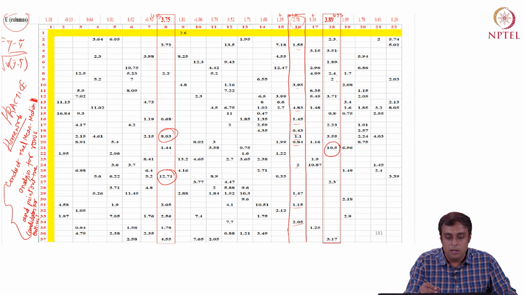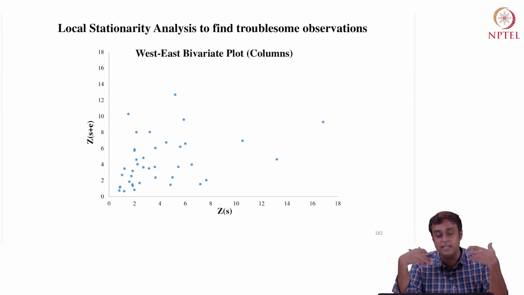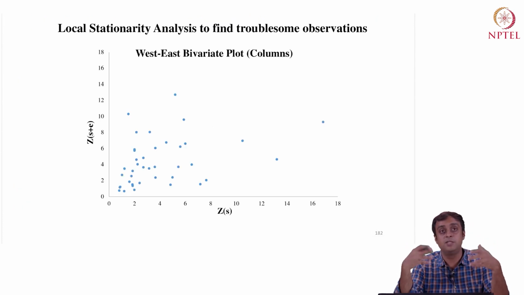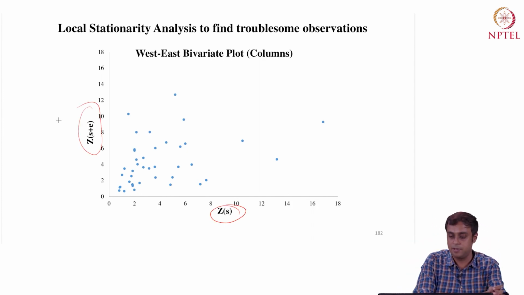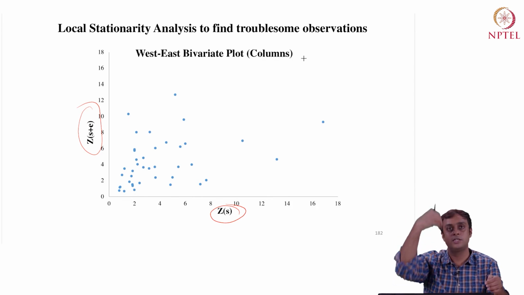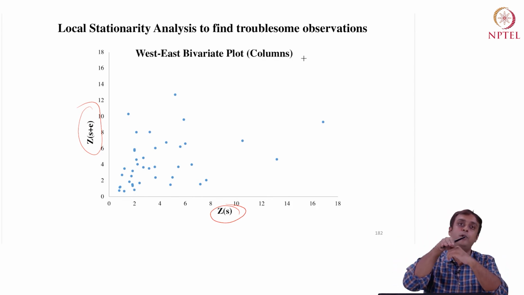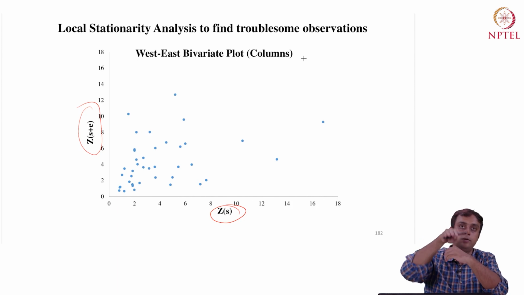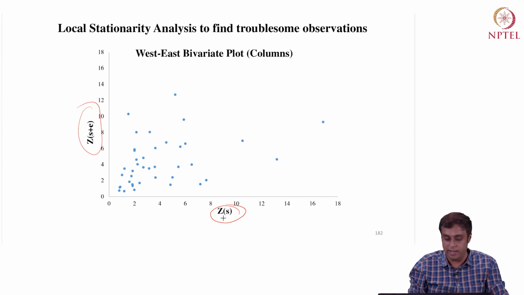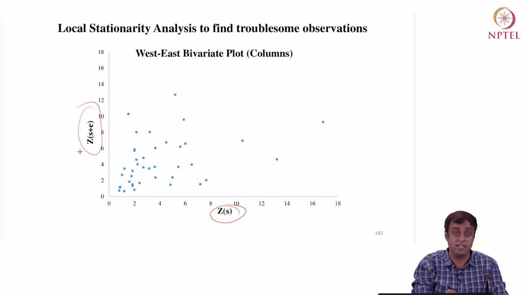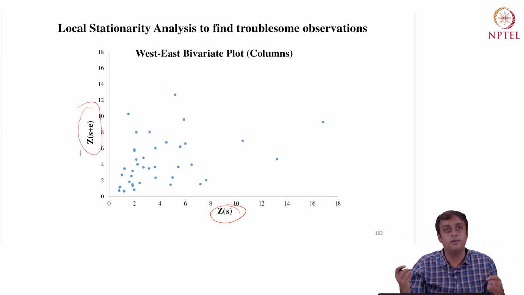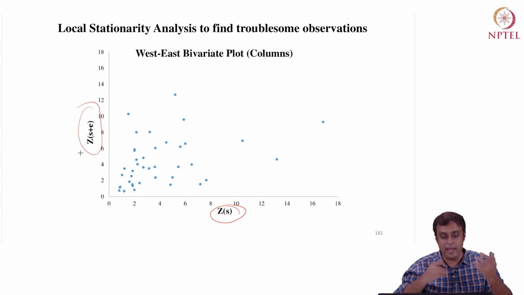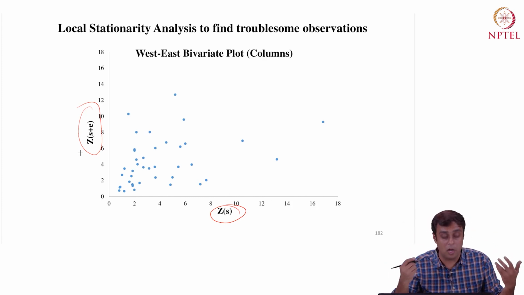Okay, so I'm going to move forward and look at these plots, these bivariate scatter plots between ZS and ZS plus E. Now these are across columns, so this is north to south. I'm going to stand on a location, go one step north, and create a counterpart of ZS as ZS plus E. When we think about it, we try to find a core, we try to imagine a normal distribution in space, and then think about the outlier values.